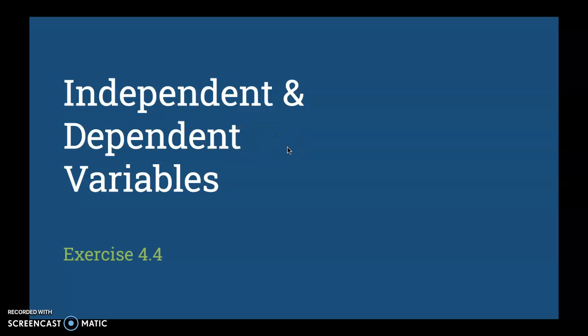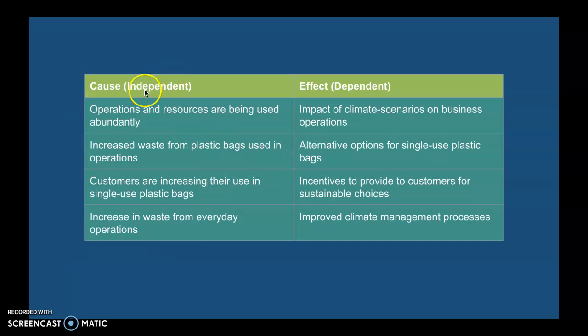So the independent and dependent variables, or as we can see, the cause and effect variables. The first one is operations and resources are being used abundantly, and the effect of this is going to be the impact of climate scenarios on business operations. Another cause is increased waste from plastic bags used in operations, and an effect is alternative options for single-use plastic bags.